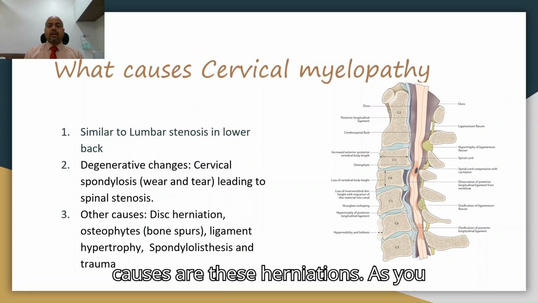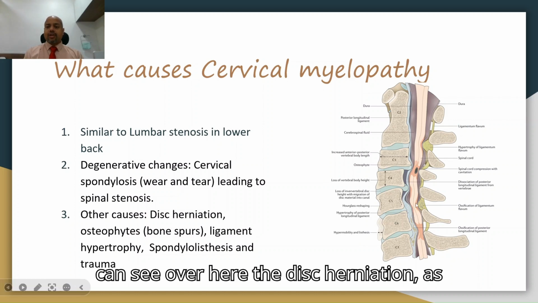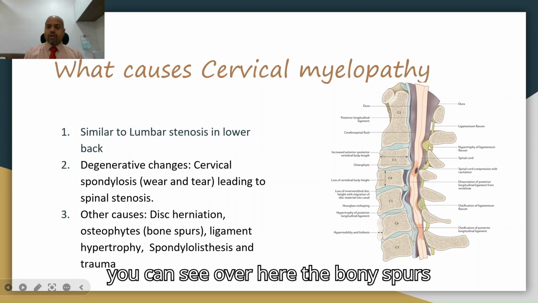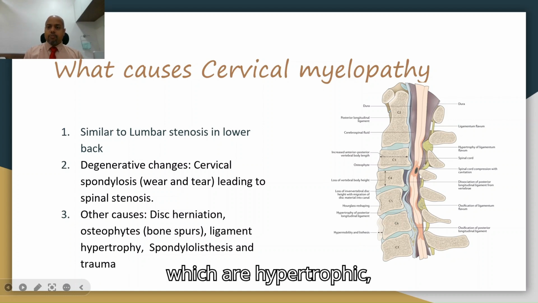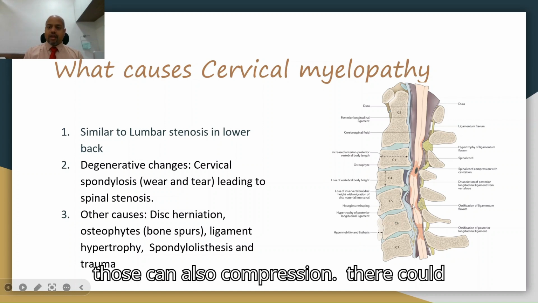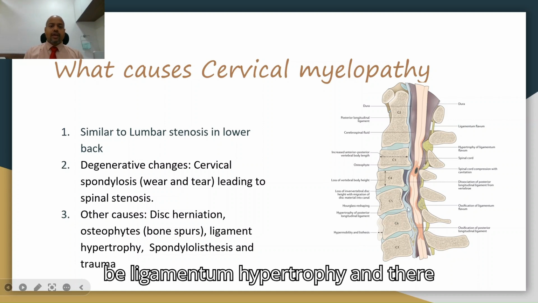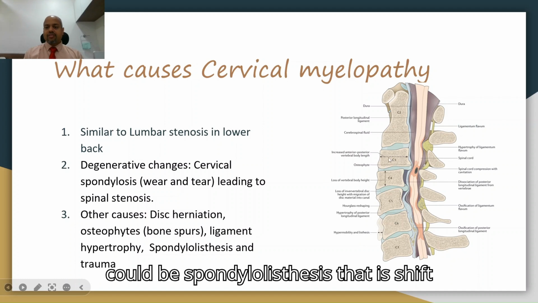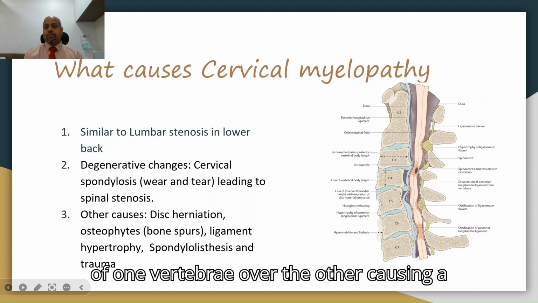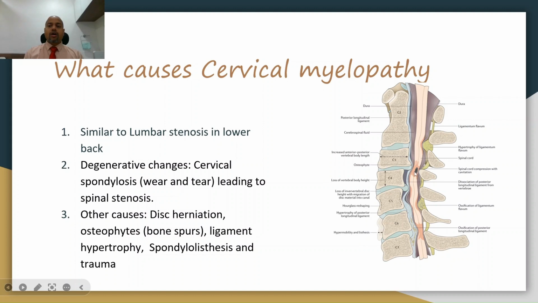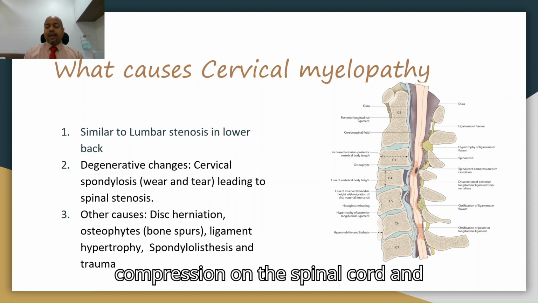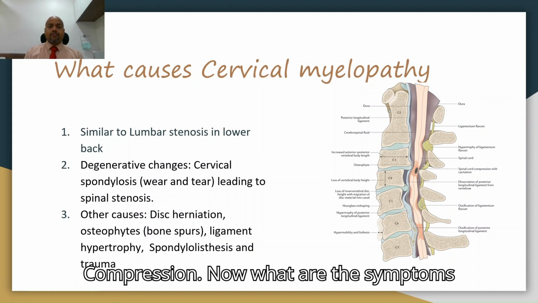The other causes are disc herniations, as you can see over here, and the bony spurs which are hypertrophic. Okay, those can also cause it. There could be ligamentum hypertrophy, and there could be spondylolisthesis, that is shift of one vertebra over the other, causing a compression on the spinal cord, and sometimes even trauma can cause that.